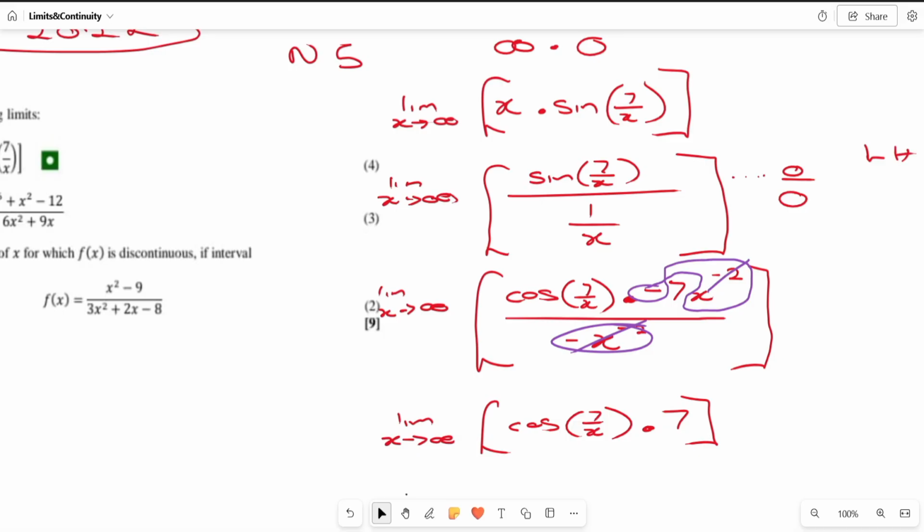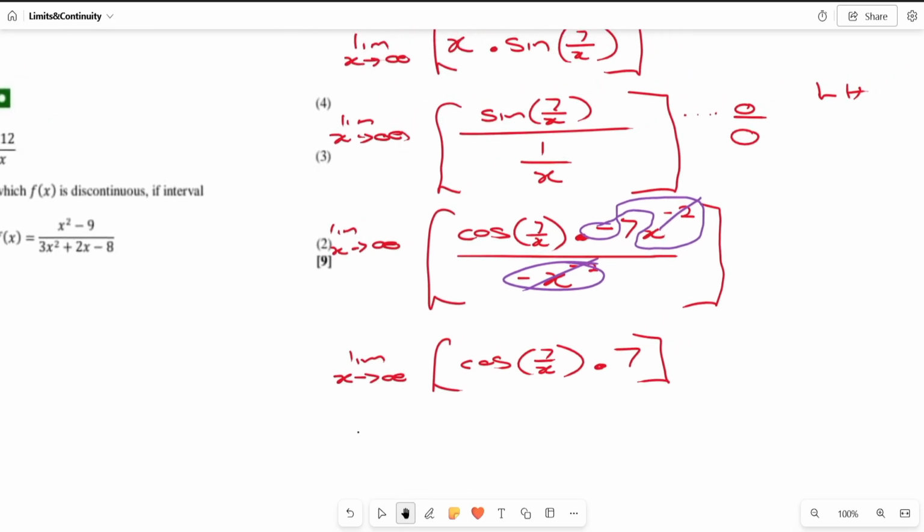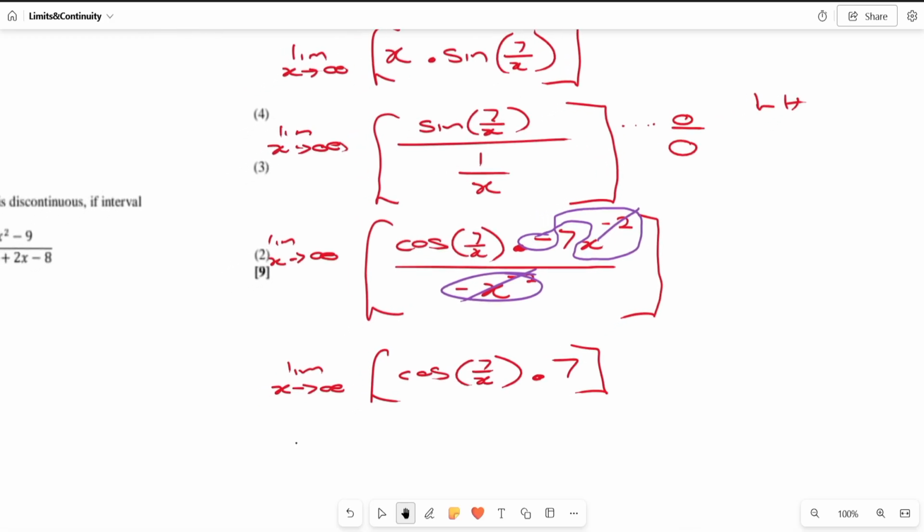So what happens now? We do our best and substitute and see what happens. At this stage we can already see that this might just be the answer, but let's check. If you put infinity in the position of x, it's going to be 7 over infinity. And guys, this is equivalent to 0 because it's a very, very tiny number.